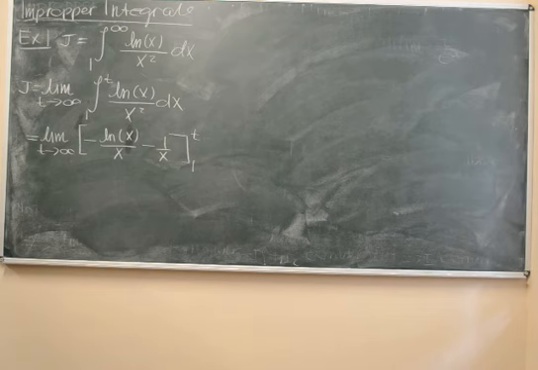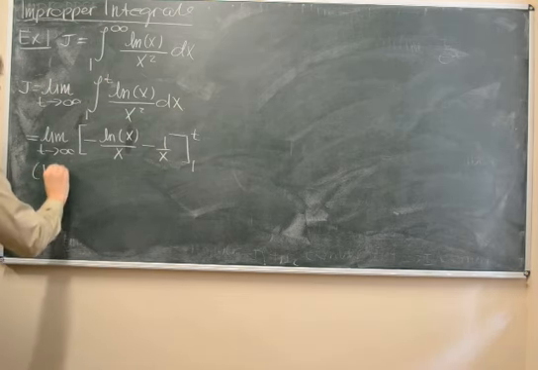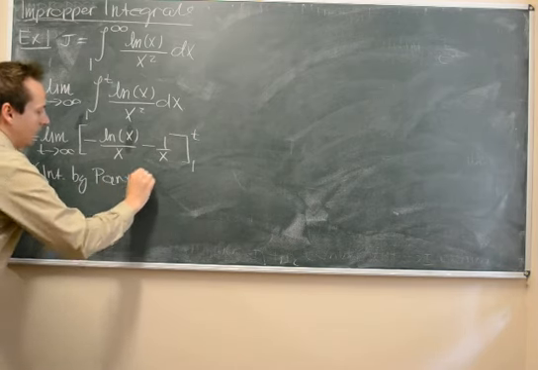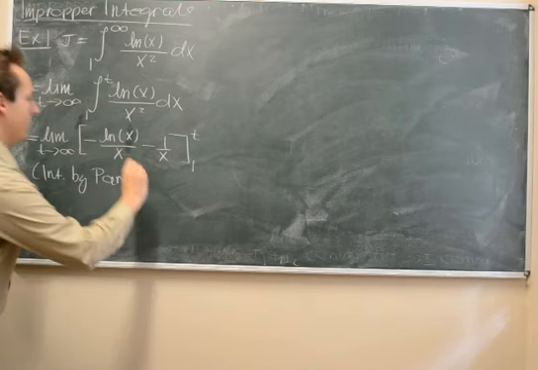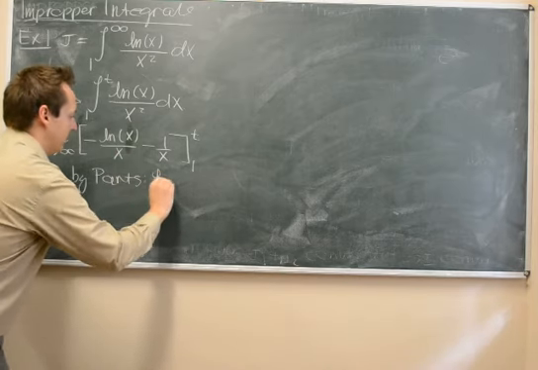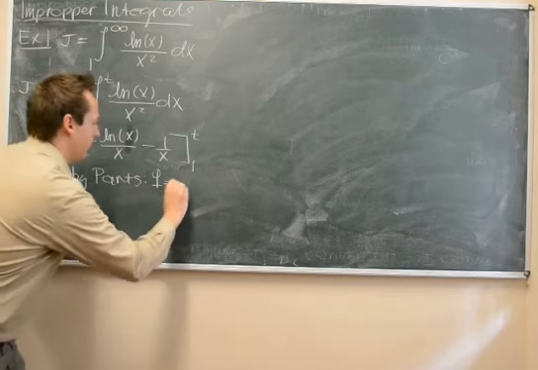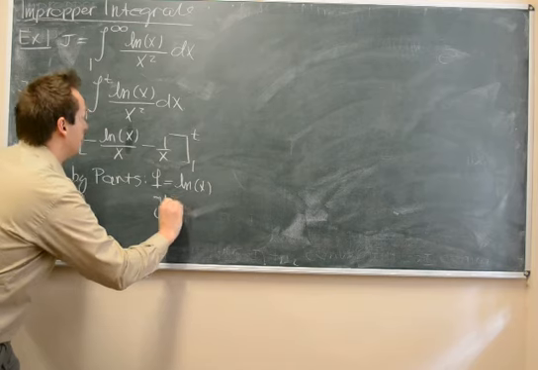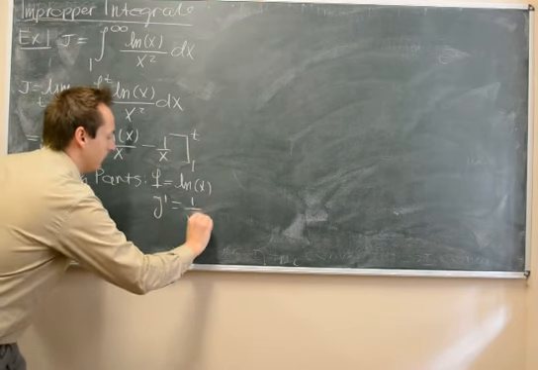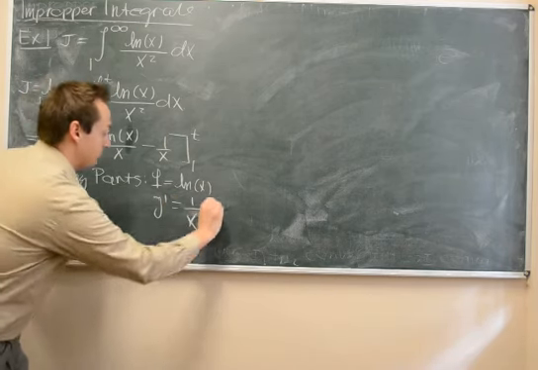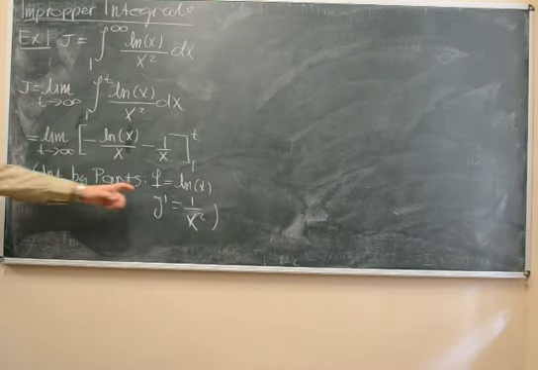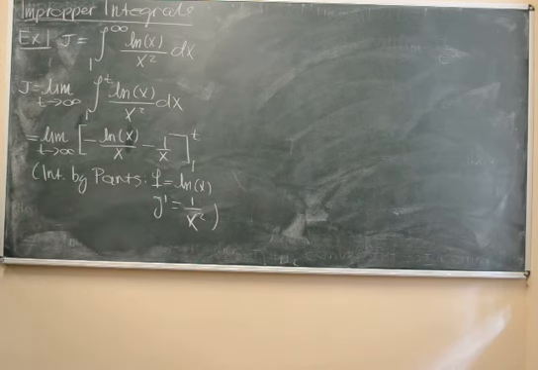So for the integration by parts you do here, you'll choose your f to be ln x and your g prime to be 1 over x squared. With these choices of f and g prime, you'll get this result.